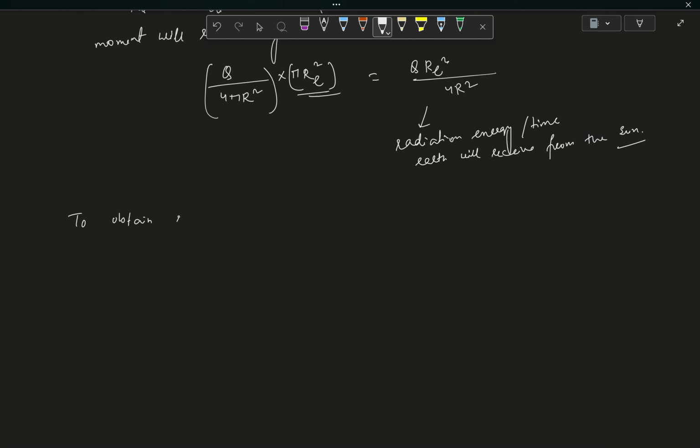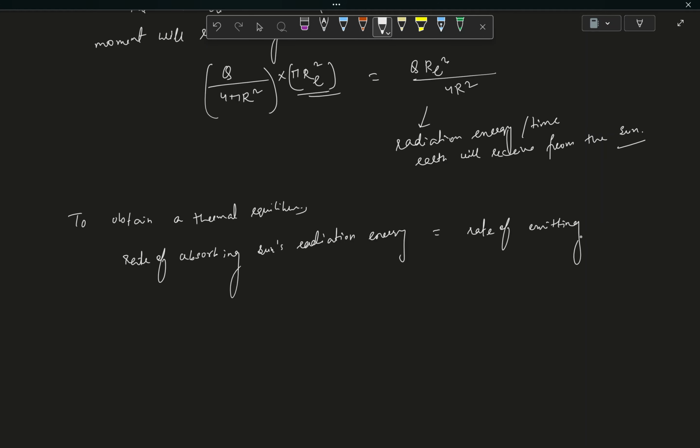Now to obtain thermal equilibrium, the rate of absorbing the Sun's radiation energy has to be equated to the rate of emitting energy as radiation from Earth's surface.